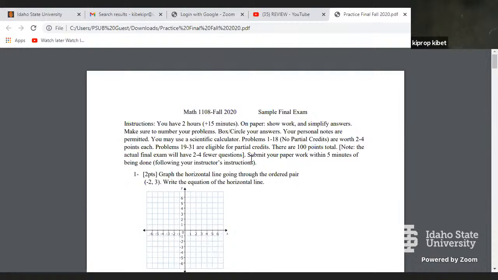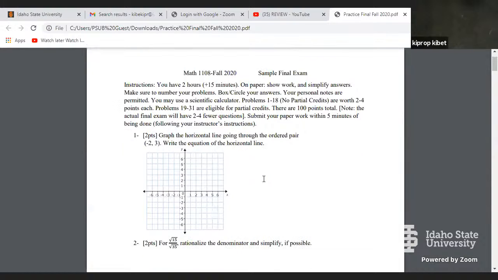So like the first question over there, are you seeing there? Okay. Graph the horizontal line going through the ordered pair. So you have the ordered pair there, which is -2 and 3, right?